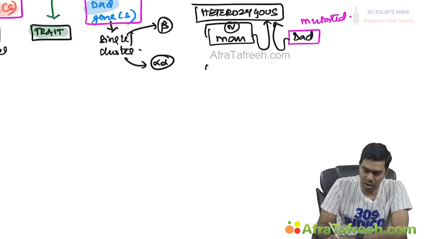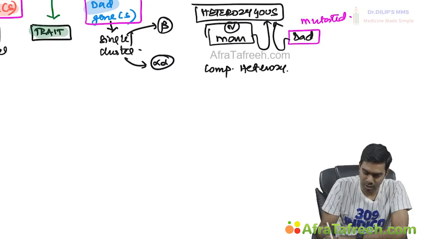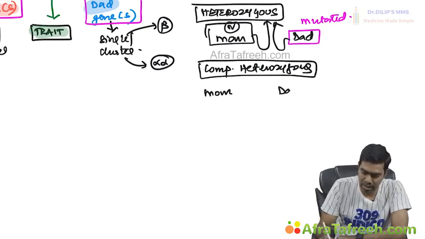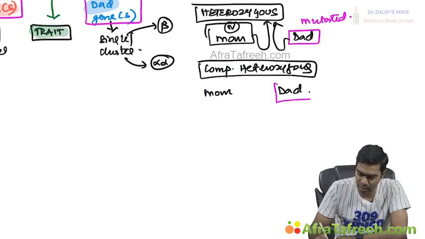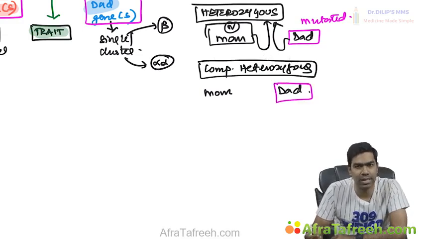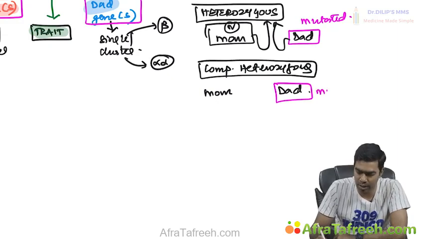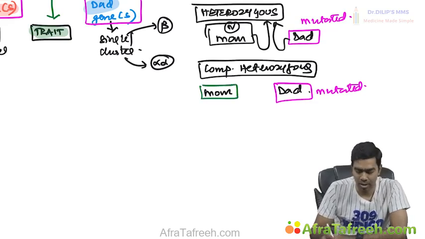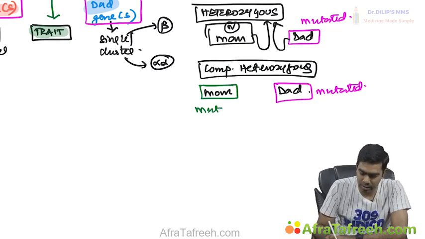And what do you mean by compound heterozygous? The moment you call it compound heterozygous, it means you have a mom and a dad gene. For example, let us assume the dad's alleles or genes are mutated, and the mom's alleles or genes are also mutated.